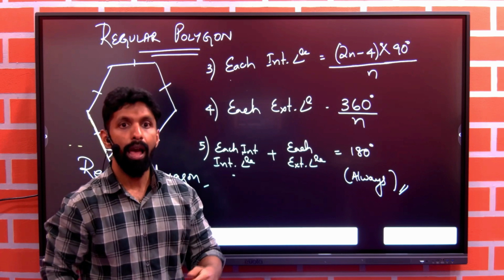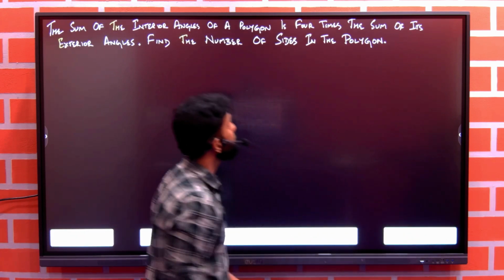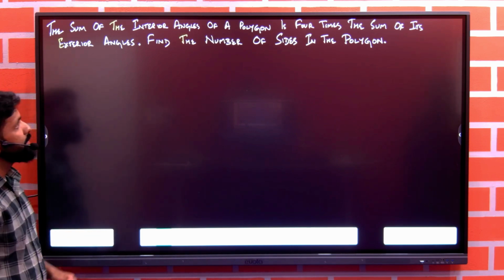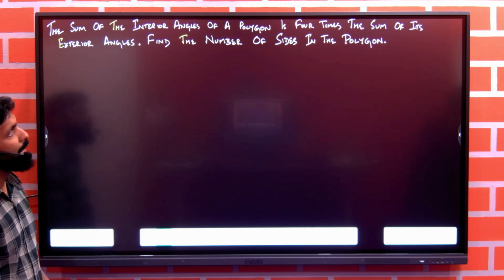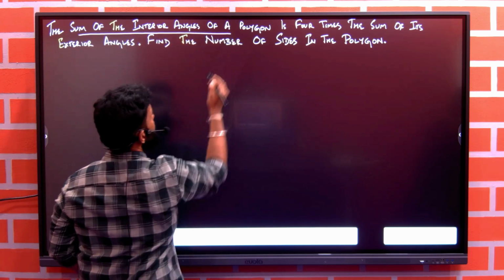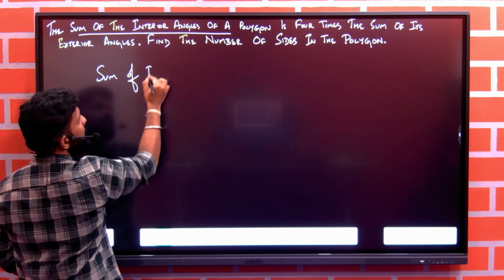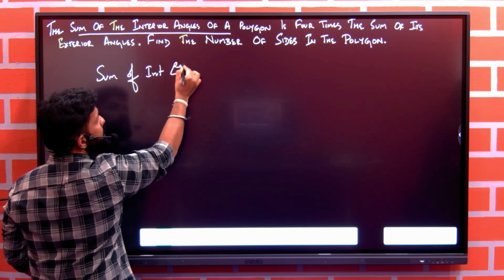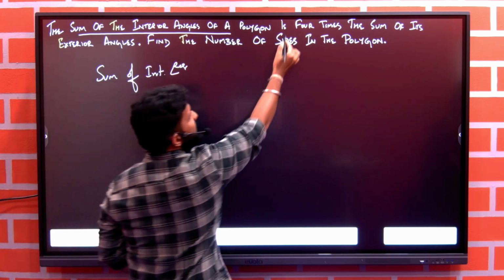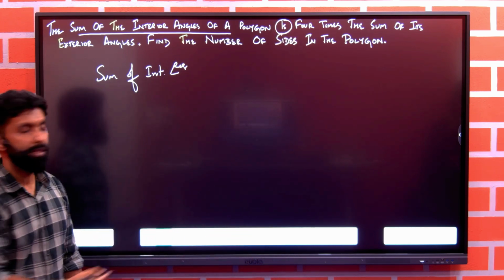Okay, let's practice few questions. Question number 1. Question says the sum of interior angles of a regular polygon. So I'm just copying whatever is written here. Sum of interior angles, in mathematics, is, was, would be, will be, all that means is equal to.